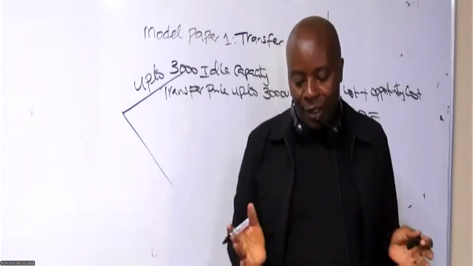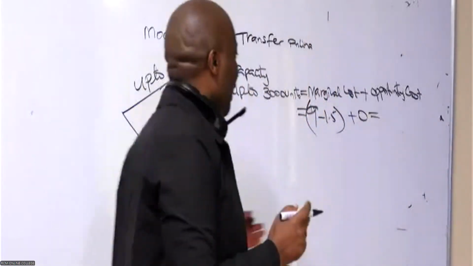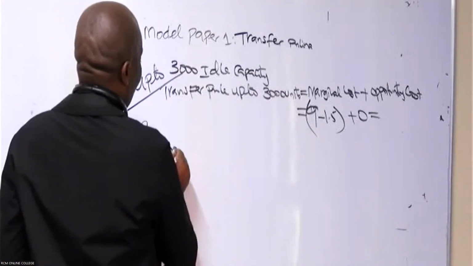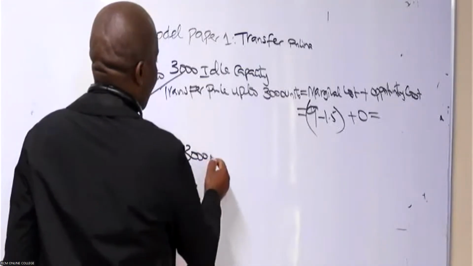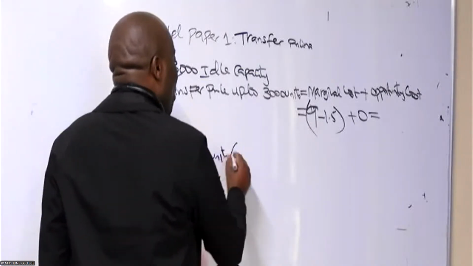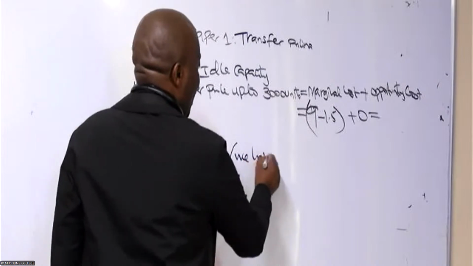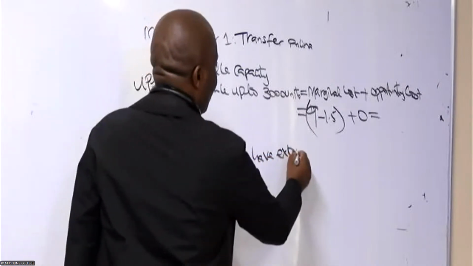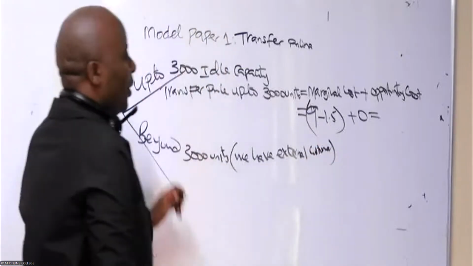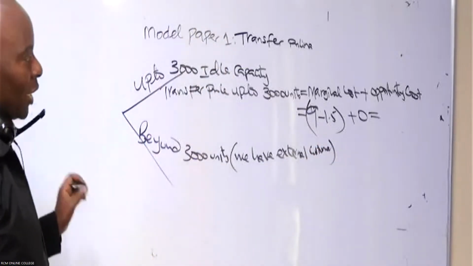But should we decide to go beyond 3,000 units, now remember, we have external customers then. Don't forget that. Remember, it is only up to 2,000 that you don't have customers.